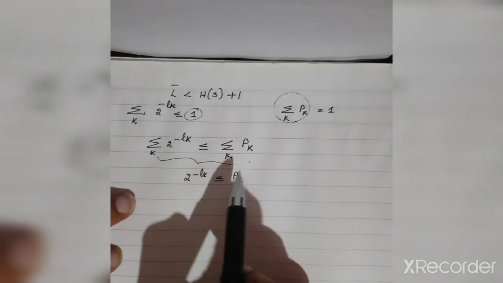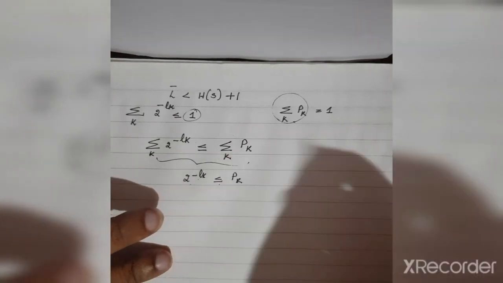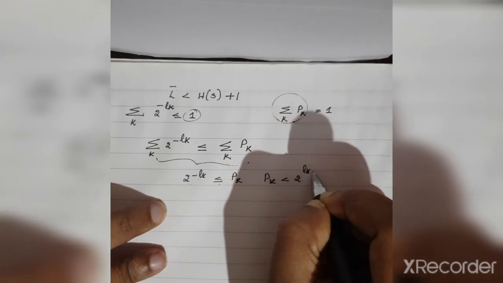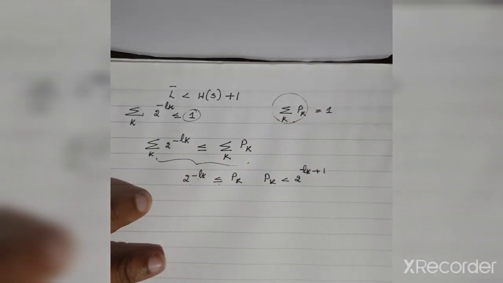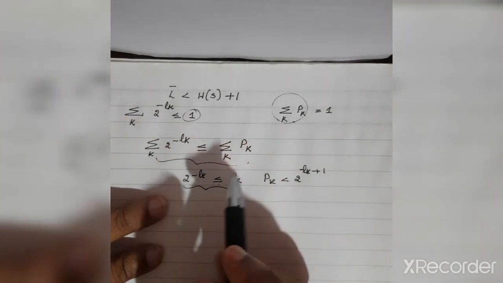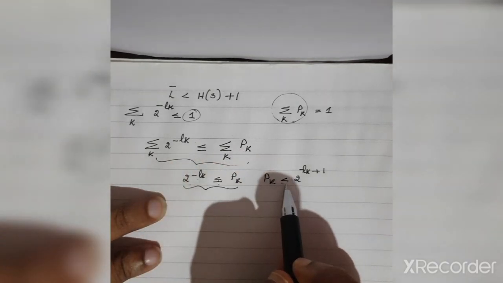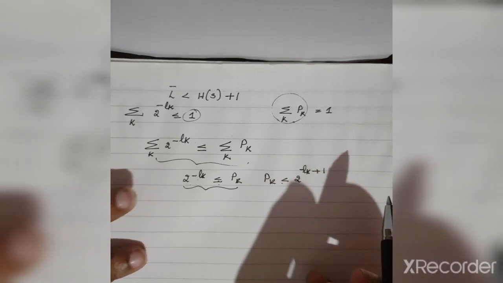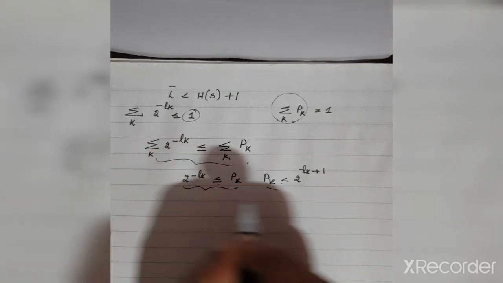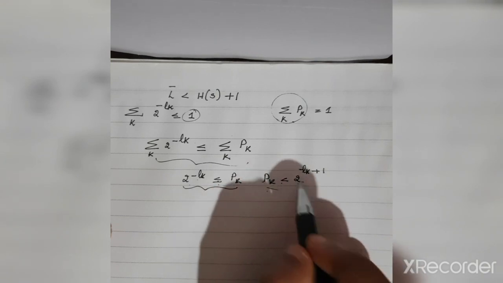If pk is greater than or equal to 2 raised to minus lk, then pk should obviously be less than 2 raised to minus lk plus 1. So we can infer from this inequality. Now let's take this inequality and take the log to the base 2 on both sides.